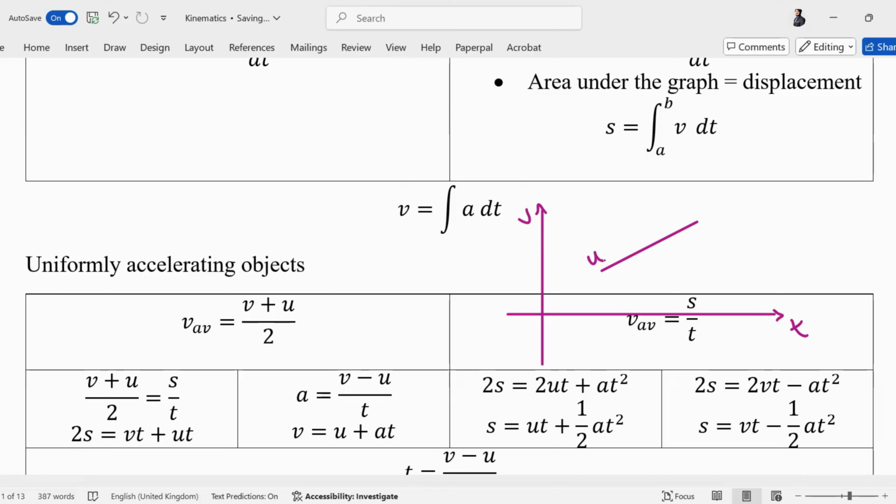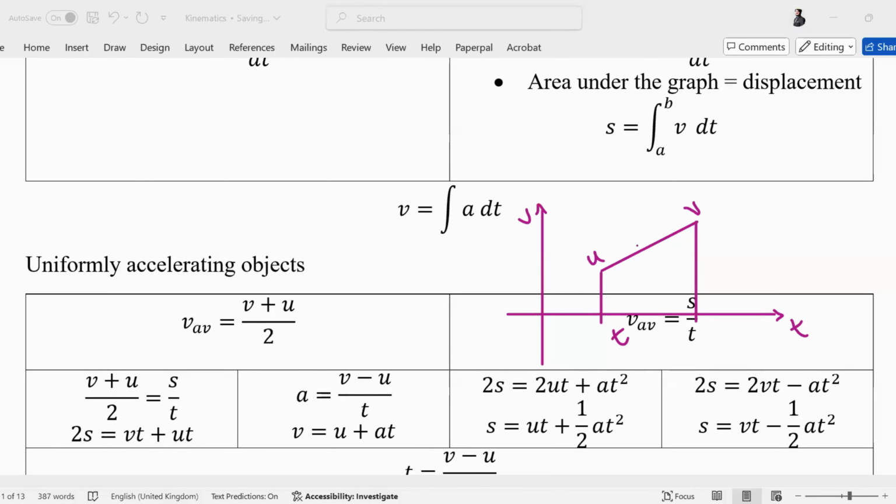The initial velocity is called u, the final velocity is called v, acceleration is called a, and the time that it takes, call that t. First and foremost, how do I find the average velocity for a uniformly accelerating object?